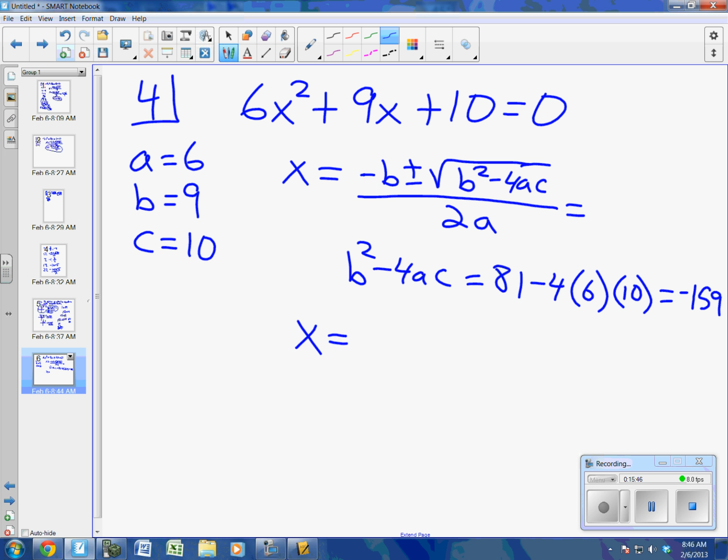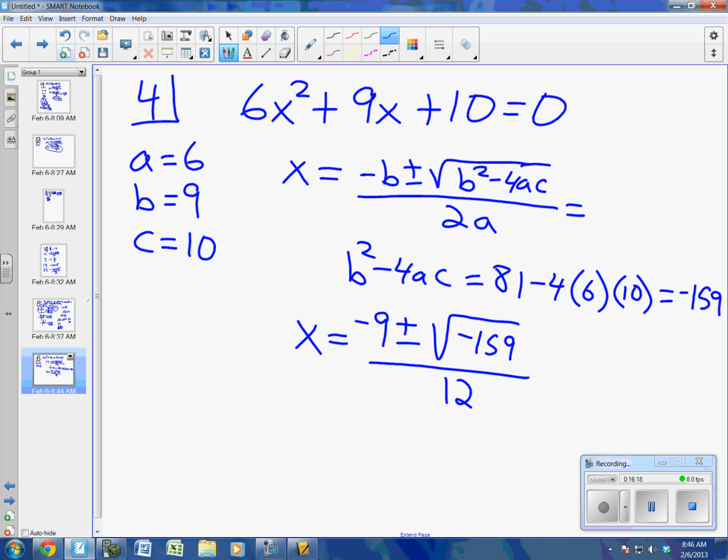x equals, okay, now let's make the substitutions in the quadratic formula. x equals negative b. What would that be? Negative 9 plus or minus the square root of negative 159, all divided by 2 times 6, which is 12. I can see one number for sure goes into 159. What do you think? 3, because 1 plus 5 plus 9 is 15, and I know 3 goes into 15.